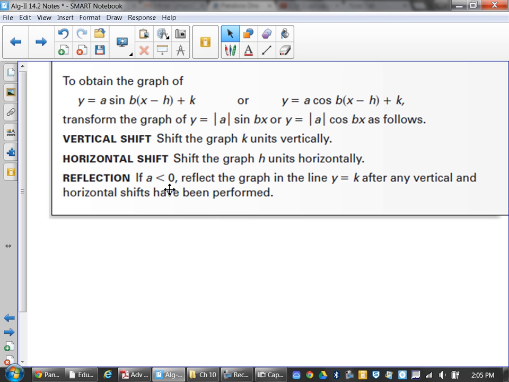What's going to be a little bit different here now is that if your A value happens to be negative, it just means instead of rising to start, it goes down first. That's the only thing. Your amplitude is found by an absolute value, just like it was before. And it's just a matter of using a little bit of foreshadowing when you're writing out and starting to scale your graph.